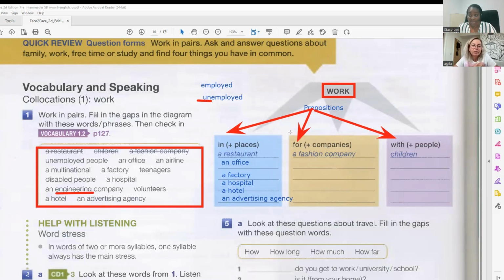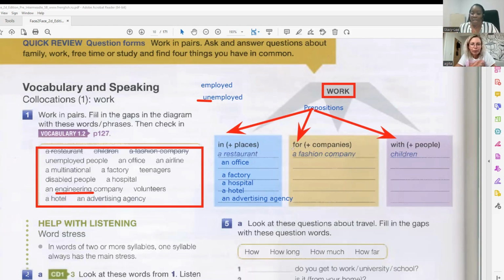But it is a little bit confusing because companies are also places. Yes, a company is a place, but when we talk about place, we want to talk about the physical structure. So we work in a place, we work for a company, and we work with people.